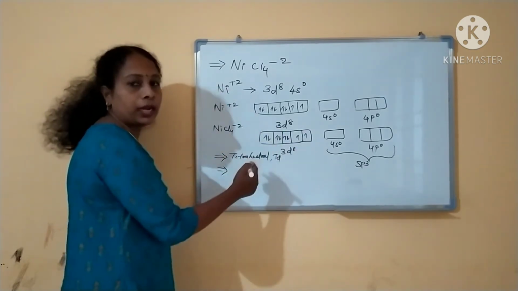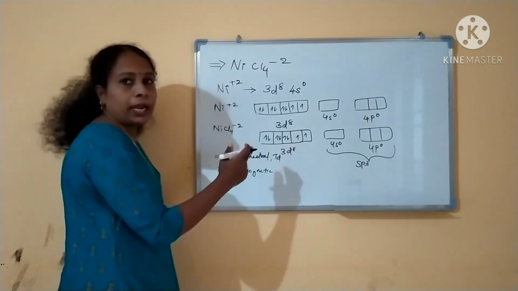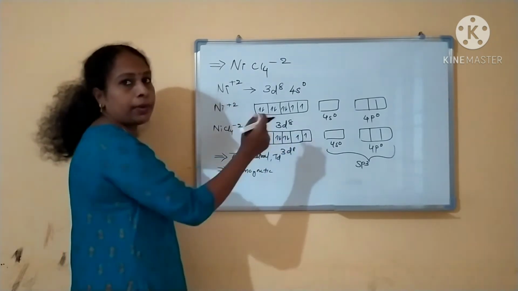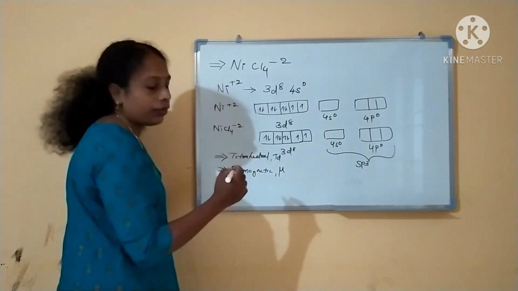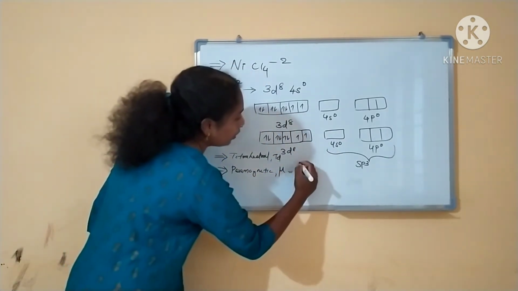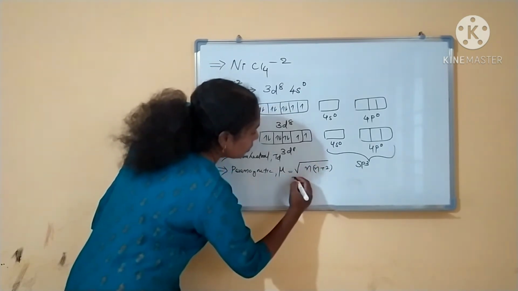And what about magnetic moment? It is paramagnetic in nature. Why? Since there are 2 unpaired electrons, it is paramagnetic in nature. How to calculate mu effective? Magnetic moment mu effective is equal to root of n(n+2), right? This is the way to calculate.